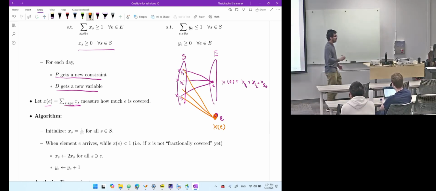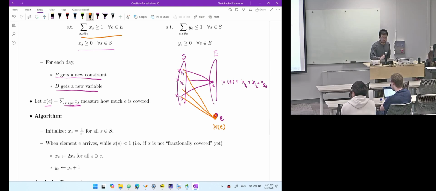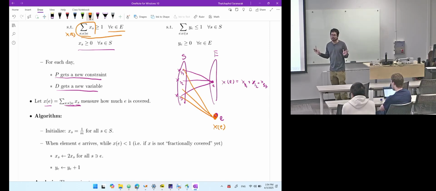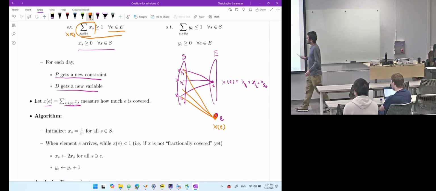Basically, the constraint is satisfied for element E. If X_E is at least 1, then you do nothing. The constraint is good. But if X_E is less than 1, we will do something. What do we do?